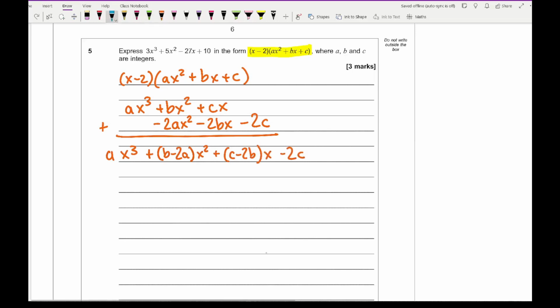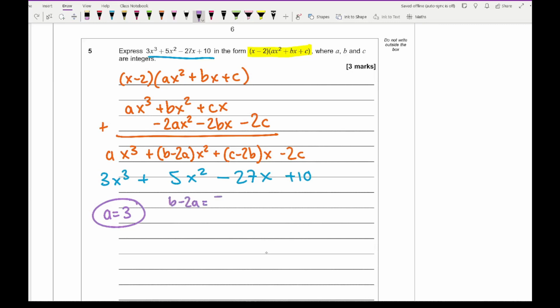Then if I bring back the original expression, I've got 3x cubed plus 5x squared minus 27x plus 10. I can see from this that a is going to equal 3, and b minus 2a equals positive 5. So if a equals 3, I end up with b minus 6 equals 5, so b equals 11.